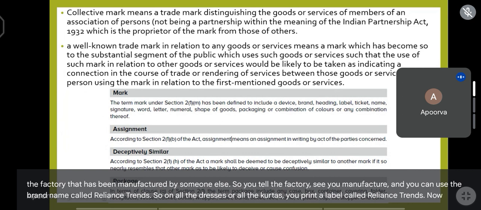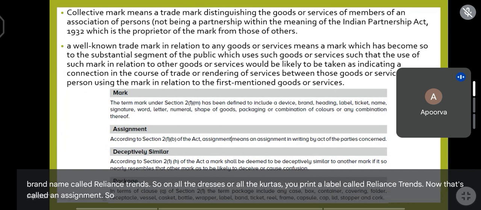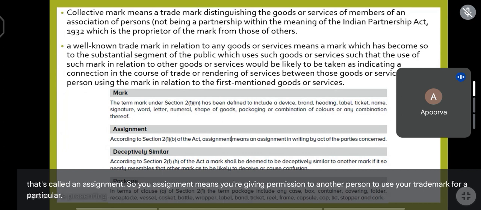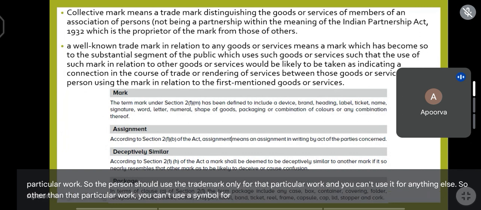Now that's called an assignment. Assignment means you're giving permission to another person to use your trademark for a particular work. The person should use the trademark only for that particular work, and you can't use it for any other purposes. So that's called an assignment.